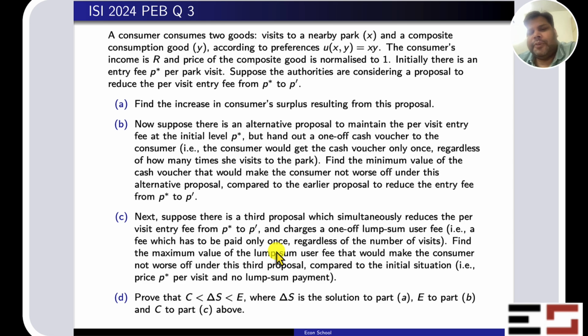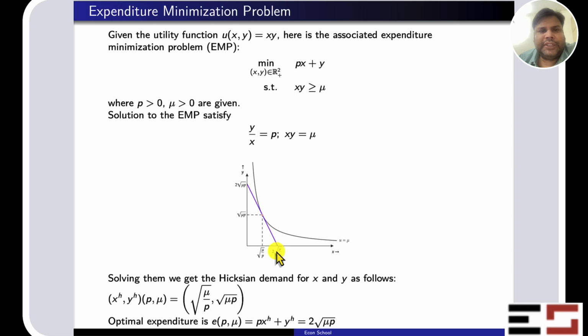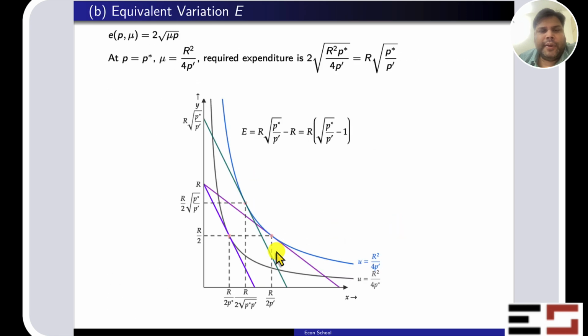So along with the fall in price, there is also a charge that the consumer has to pay, so that the consumer returns to the original level of satisfaction. Okay, so that is what we'll have to figure out.